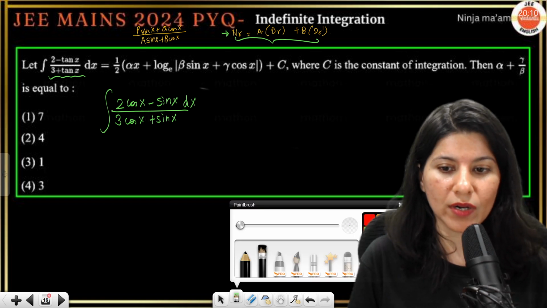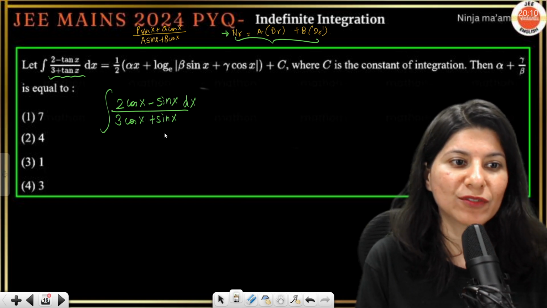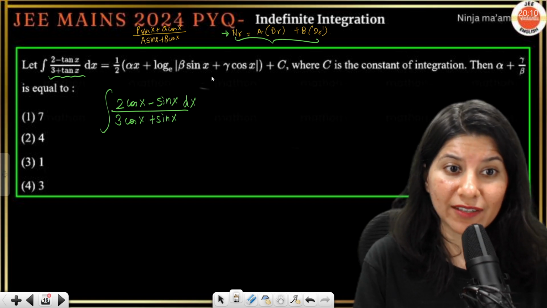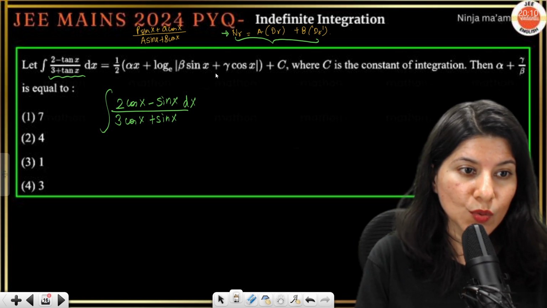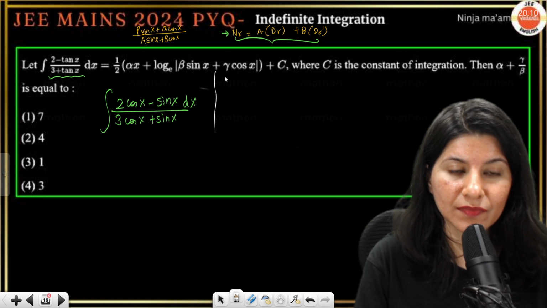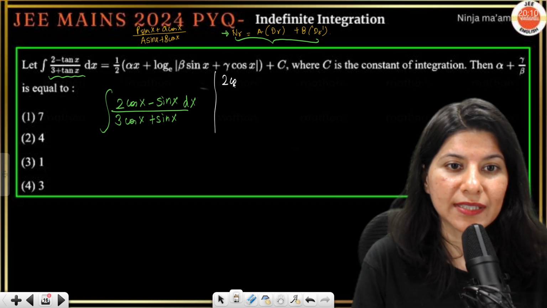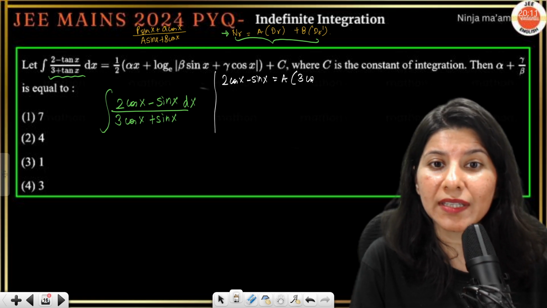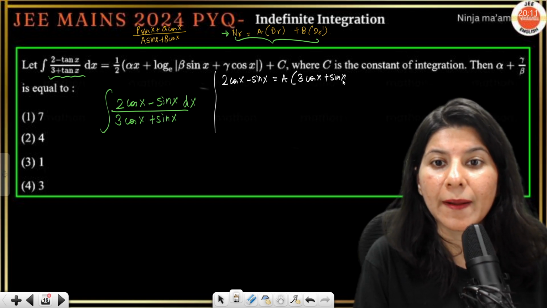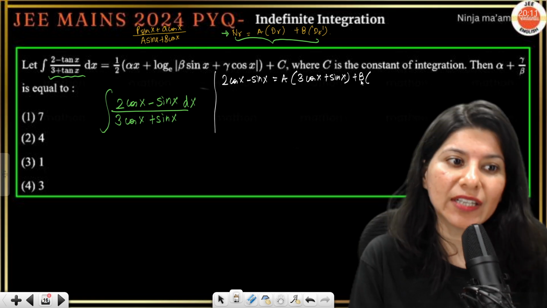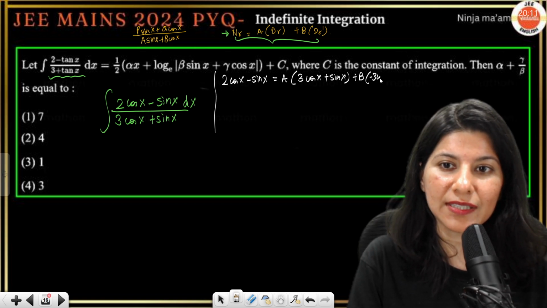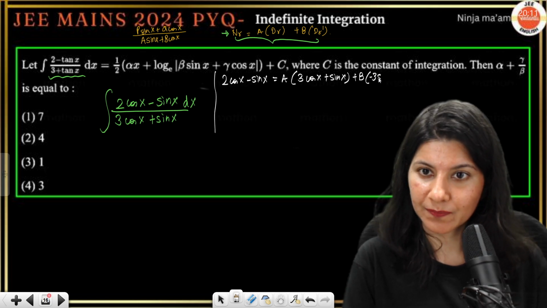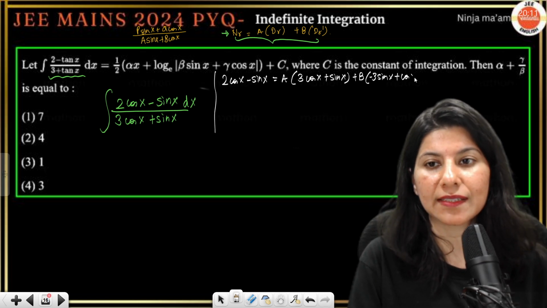Okay, so this will go a little bit lengthier. Yes, now what you have to do is write the numerator as a times the denominator plus b times its derivative. Let me do that for you. So the numerator 2 cos x minus sin x will be equal to a times denominator plus b times derivative, so minus 3 sin x plus cos x.